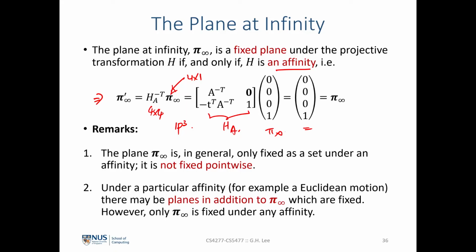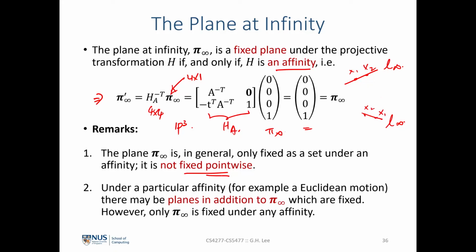Here are two remarks. The plane at infinity is generally fixed under affinity, but not fixed point-wise. It is the same as the line at infinity, where after the affine transformation, the line at infinity still stays the line at infinity, but the points x1 and x2 could change order or relative location, but they are all still going to be collinear.